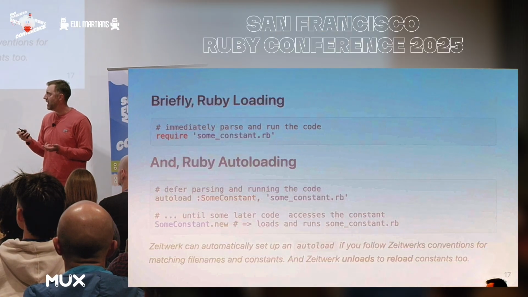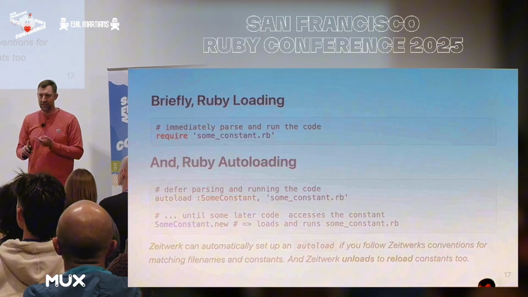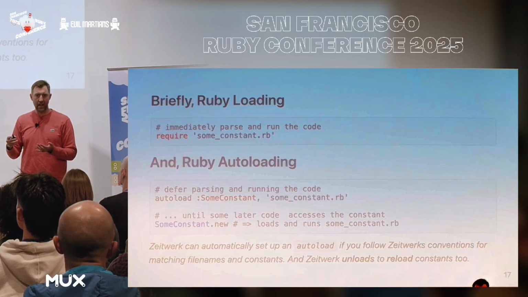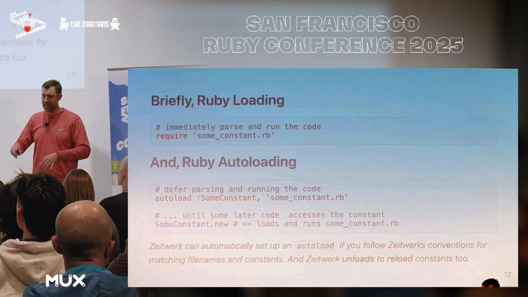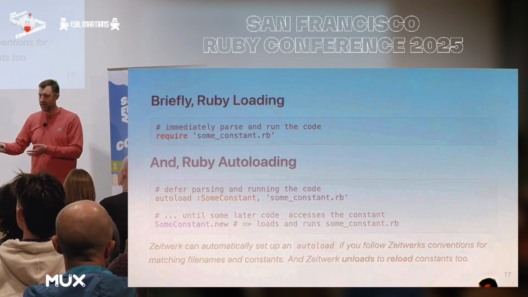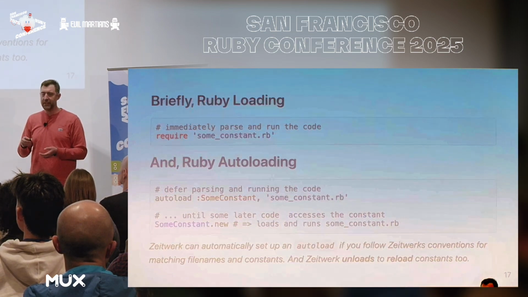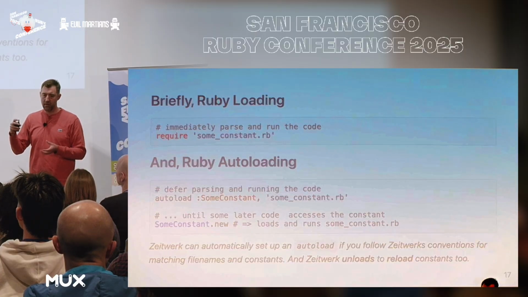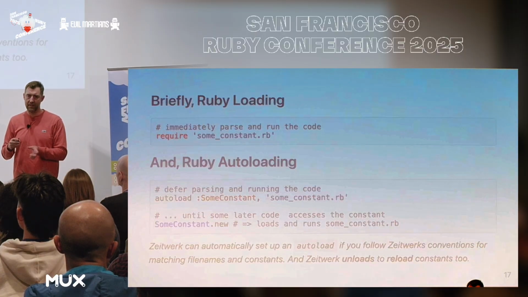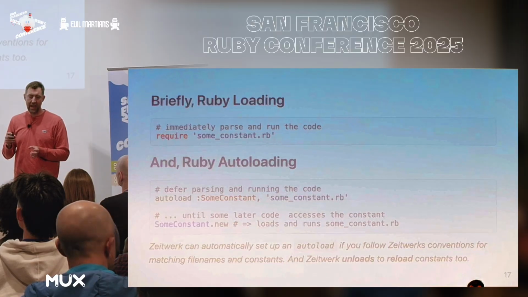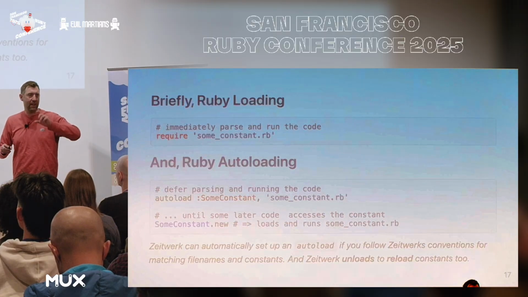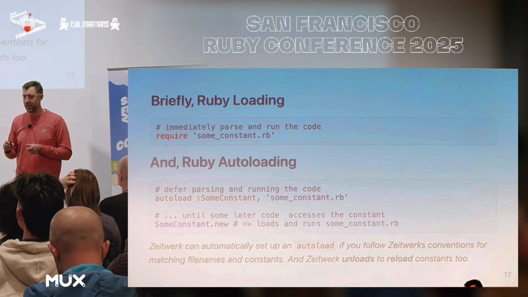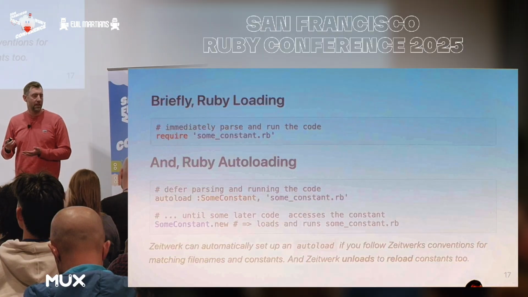It's an amazing library. Zeitwerk also has the ability to unload all of those constants that had been auto-loaded, and also can reload them. That's a feature for when you're running your Rails development web server, and you make a change and refresh your browser page, and you'll see the change in there.